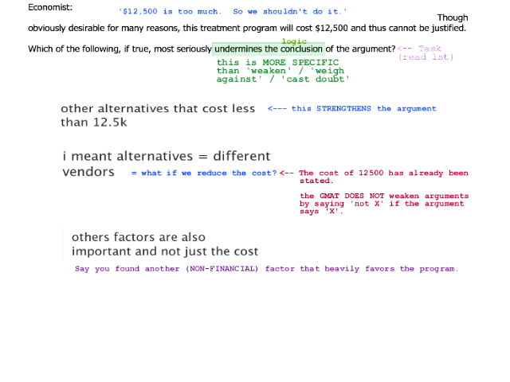So here's the deal. Would this weigh against what the person is saying, that person up there who's giving you that argument? Yeah, sure it would. But does it actually undermine the logic of what that person is saying?